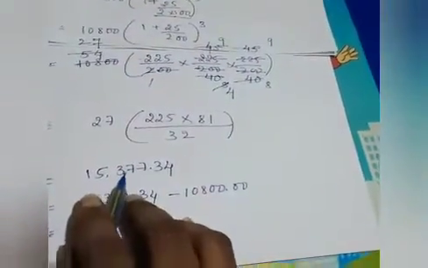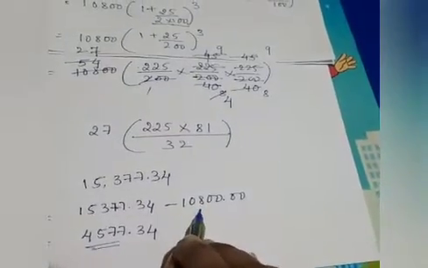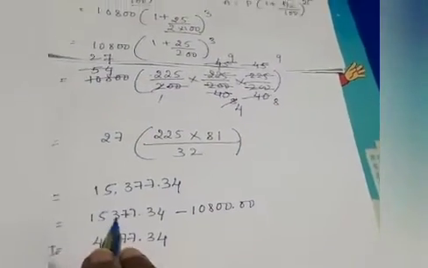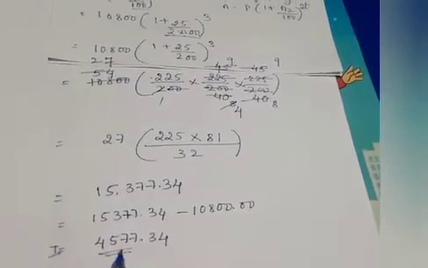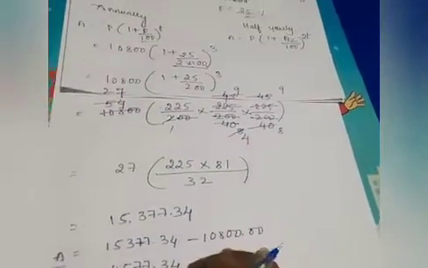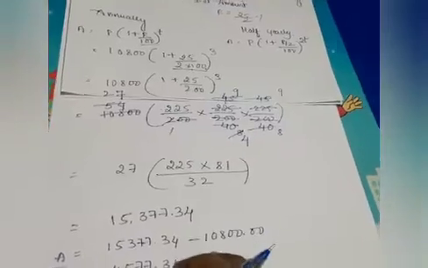It is inclusive of that. So we have to subtract 10,800 from the amount, and we will get the actual compound interest. This is how we find it annually.